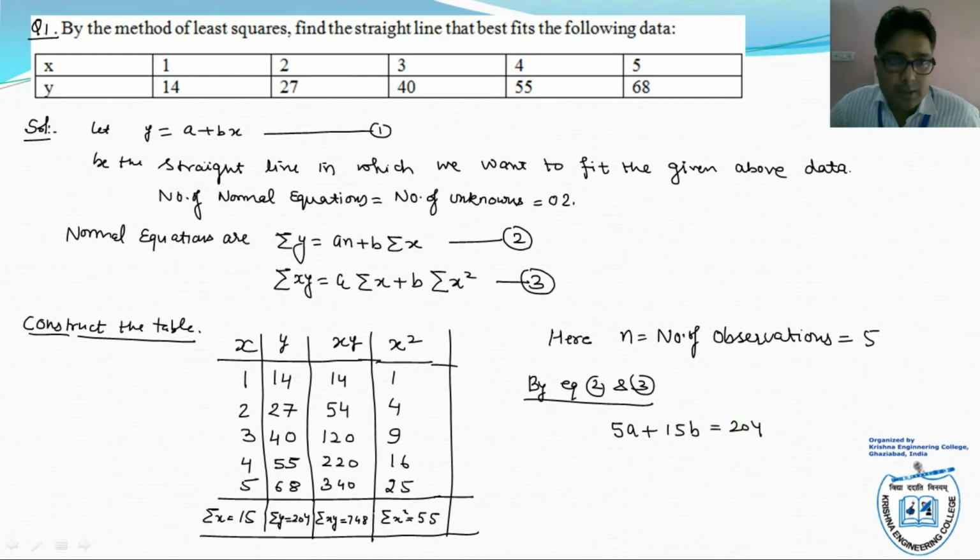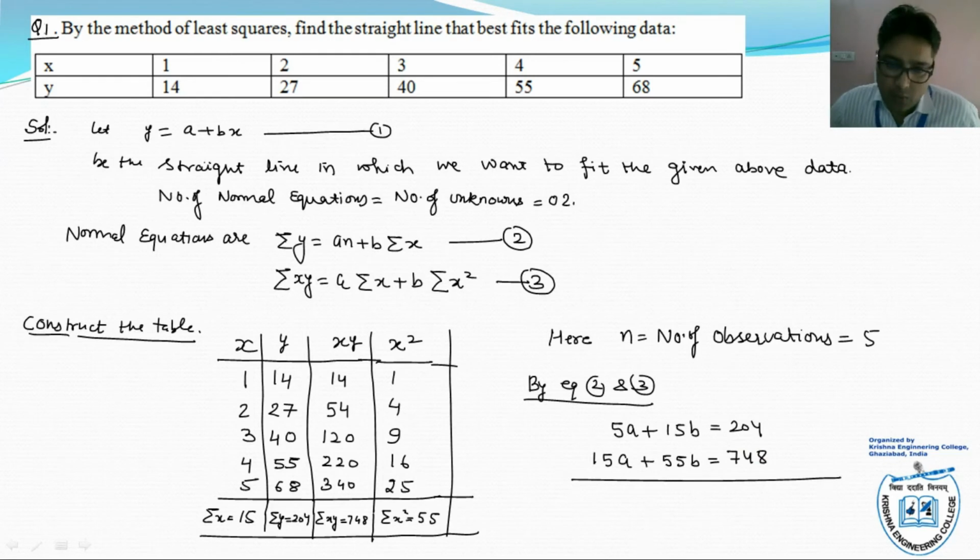And the RHS of equation third becomes sigma x, 15a plus b into sigma x square, 55b, is equal to sigma xy. Sigma xy means 748.